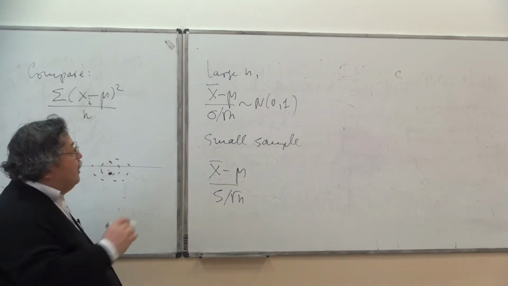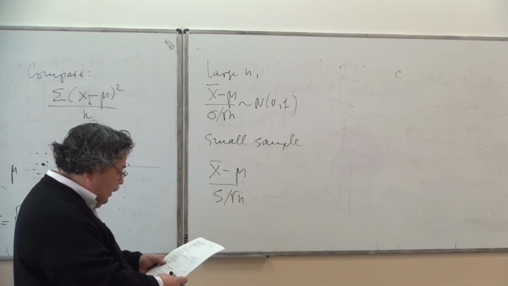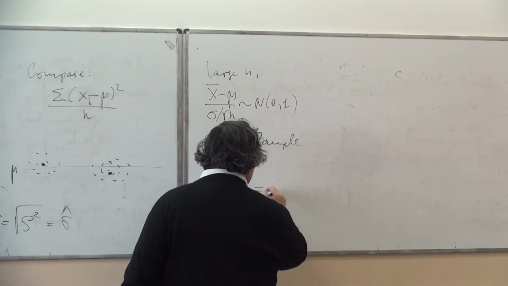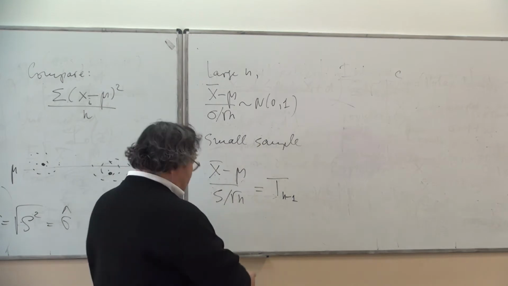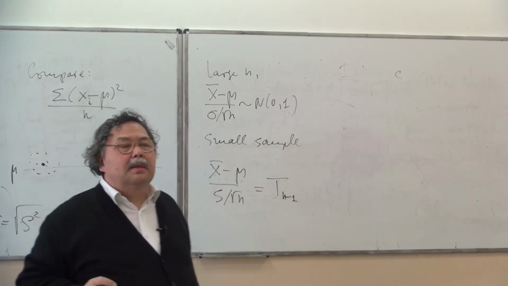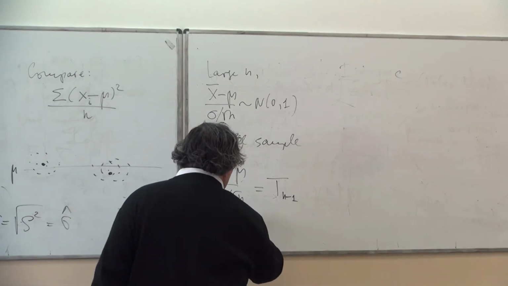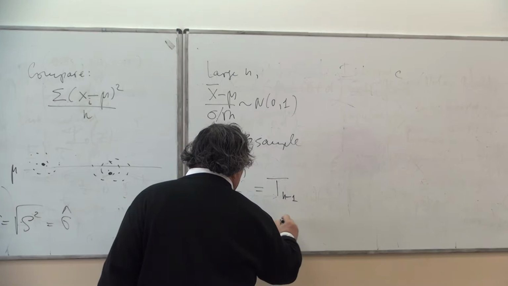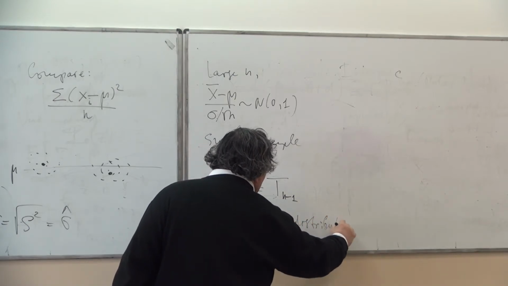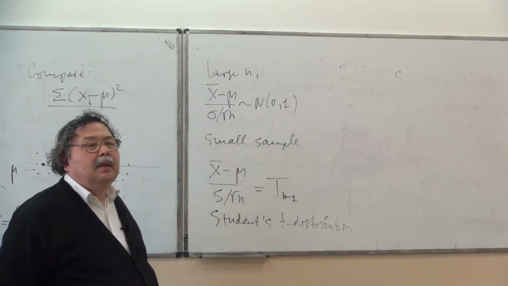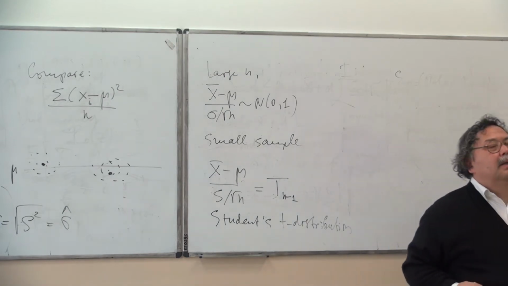Now this is no longer a standard normal random variable, and it's called Student's t distribution with n minus 1 degrees of freedom. Well, there is a legend that the author of this distribution, the mathematician who discovered it, the name was Gosset.